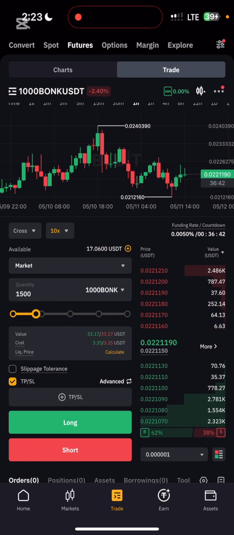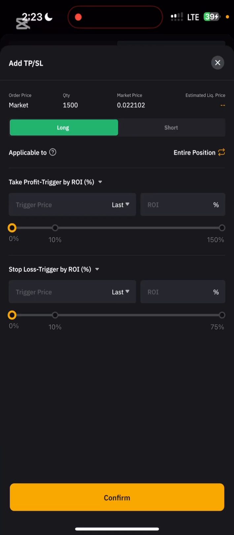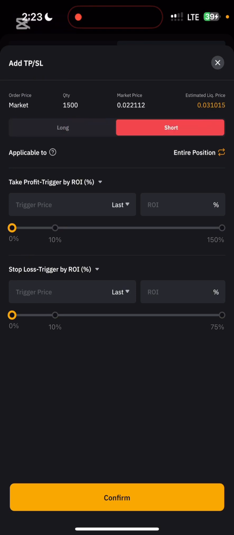Now I have to put my take profit and my stop loss. If I'm longing the market, if I'm buying, I leave it on long. If I'm shorting, I leave it on short. So I'm going to long the market now.